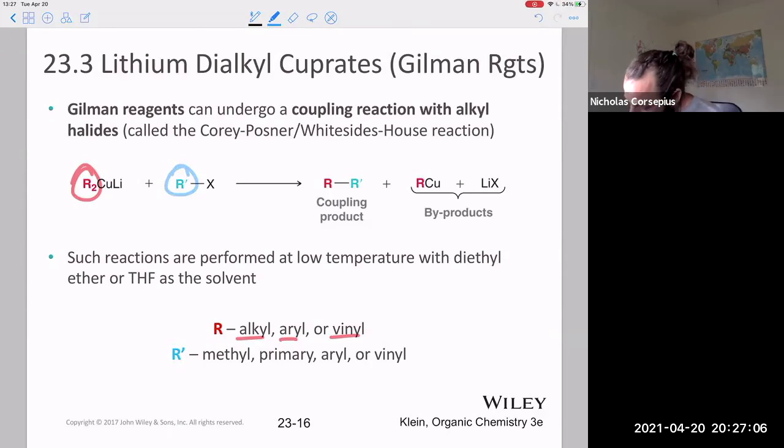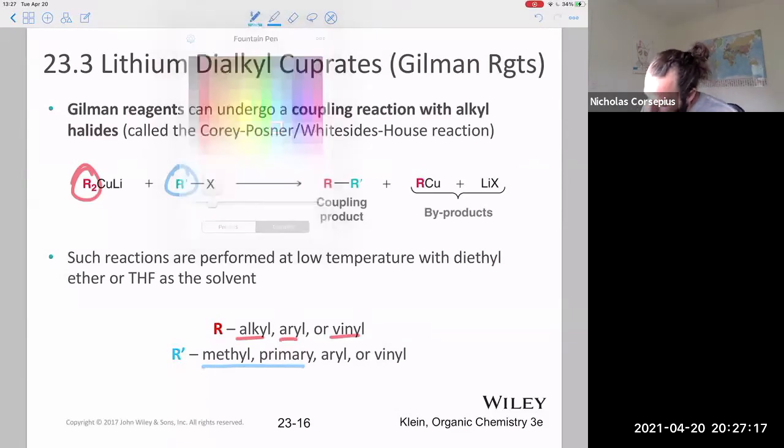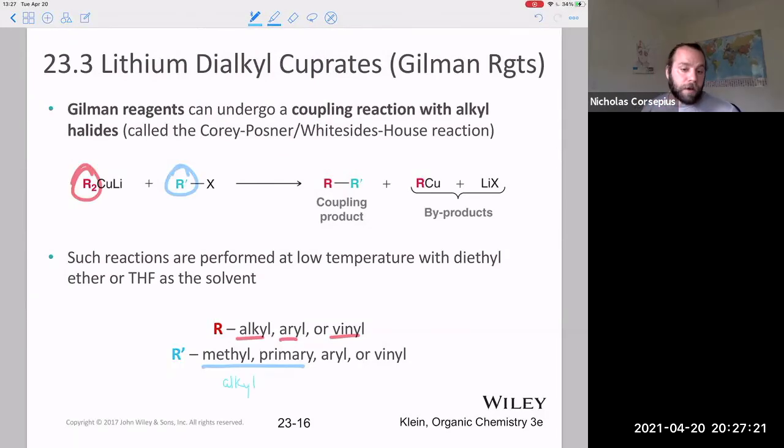Has to be methyl or primary alkyl group. So it's actually the same as the other R group with the extra stipulation that if this is an alkyl group, it has to be a methyl or a primary alkyl group, as well as an aryl or vinyl, okay? So yeah, just keep that in mind.